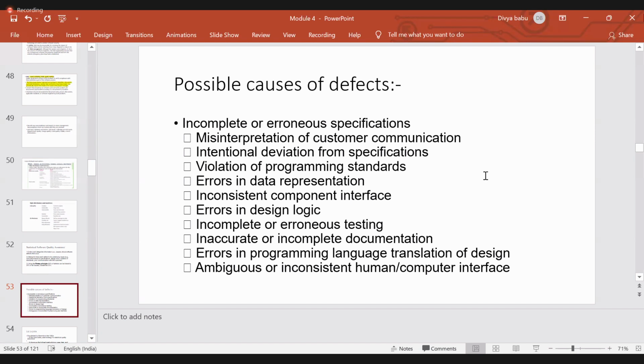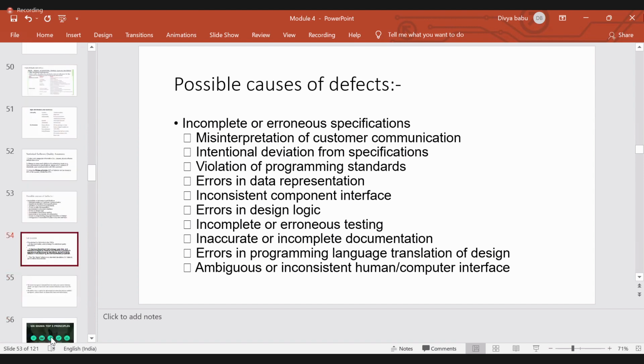Then violation of programming standards, error in data representation, inconsistent component interface, errors in design logic, incomplete, erroneous testing, inaccurate, incomplete documentation, error in programming language translation, and ambiguity, meaning different interpretations for a single term. So many things are possible causes of defects in the system.